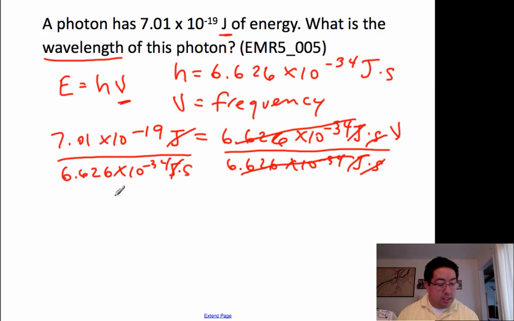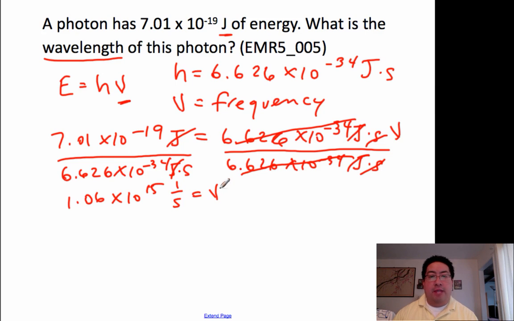So 7.01 times 10 to the minus 19th divided by 6.626 times 10 to the minus 34th. And when I do that, I get, so nu equals 1.0, I need to round this, so 1.06 times 10 to the 15th, 1 over seconds, equals nu.